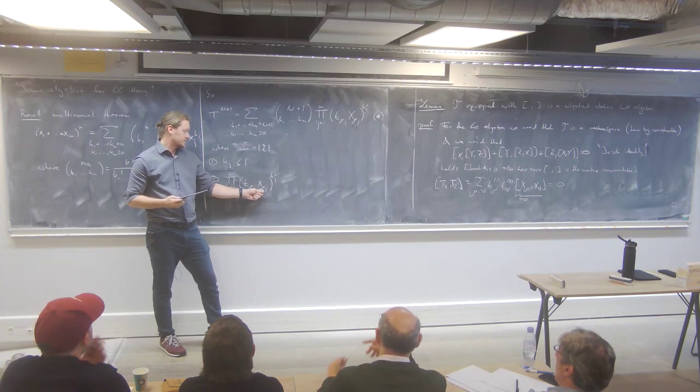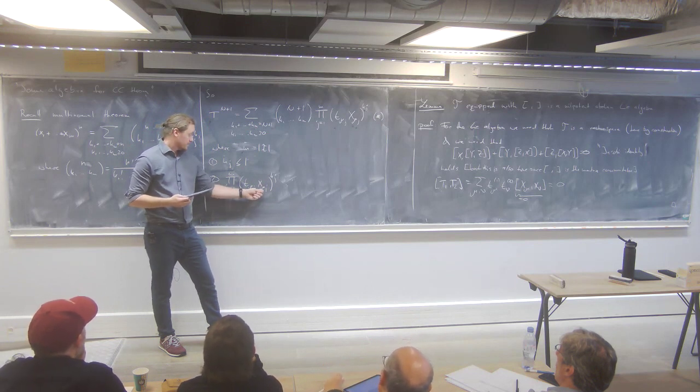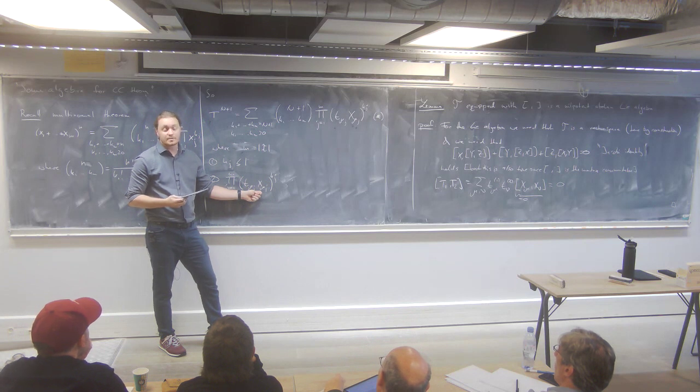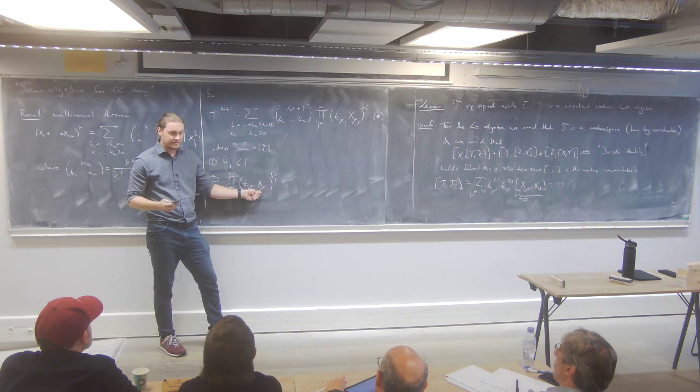I take only single excitations here, and these are all distinct. I'm trying to find n plus 1 single excitations such that the occupieds are non-overlapping. But I can only pick n occupieds to begin with. So it's literally impossible to pick n plus 1 occupieds that are different out of a set of n. Make sense?